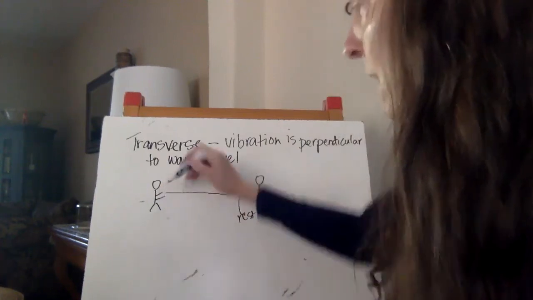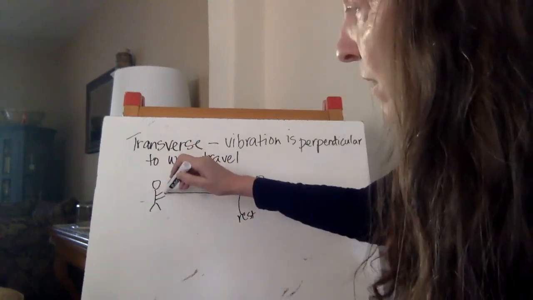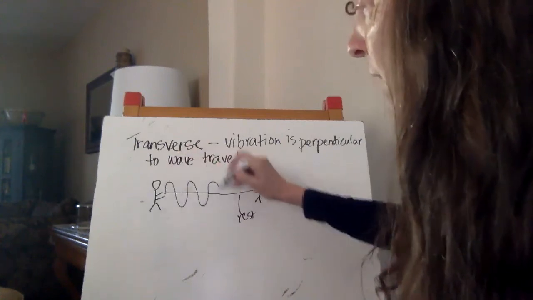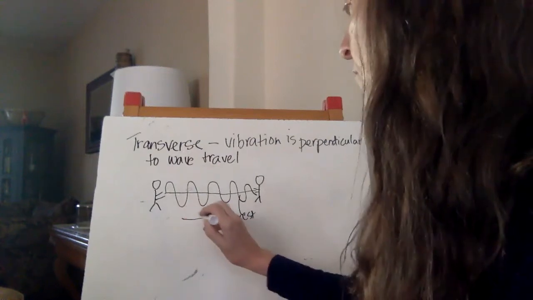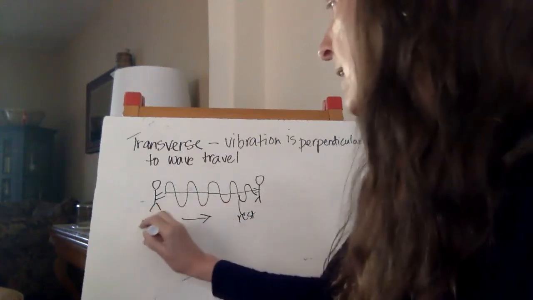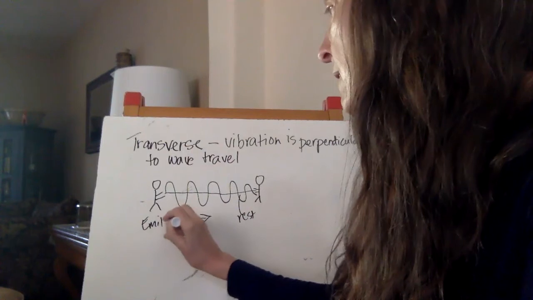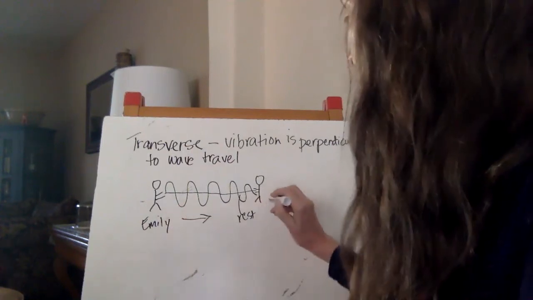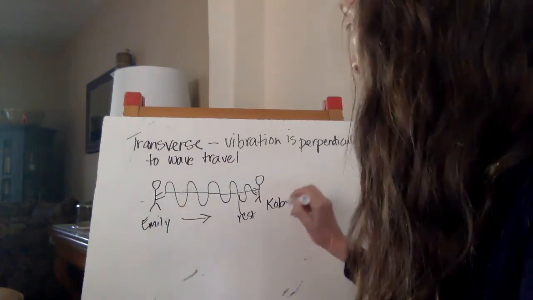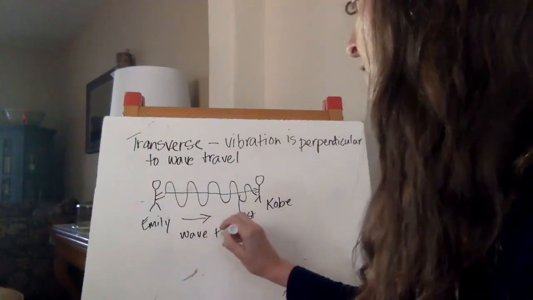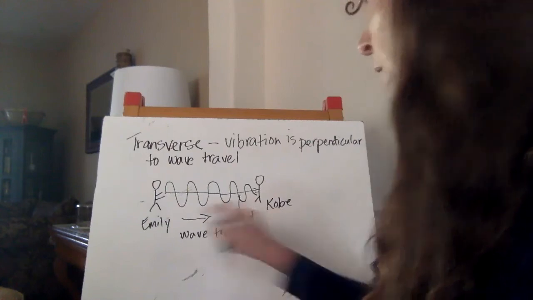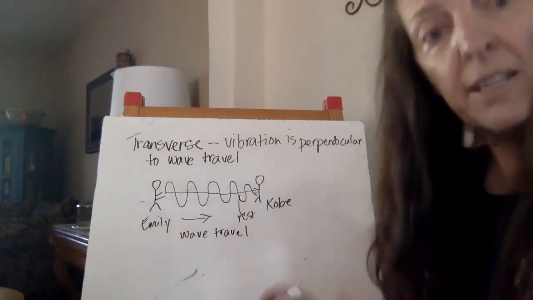And then Emily gives that slinky a shake and you get a wave. That wave travels from Emily to Kobe. So here is the direction of wave travel. From here to here, that's wave travel.